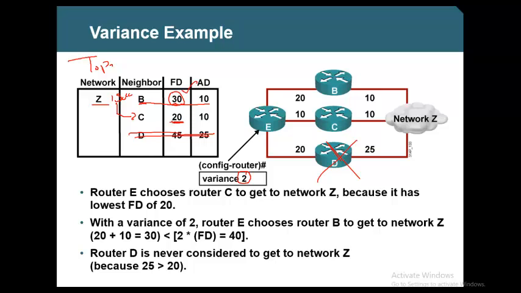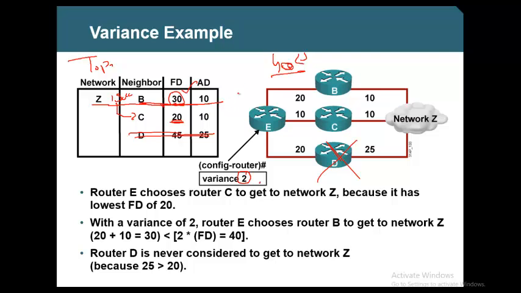So when I multiply 20 by 2, I get 40. This is to tell EIGRP to consider all the routes whose metric is less than 40. So 30 is definitely less than 40. So the route via B will be placed into the routing table.